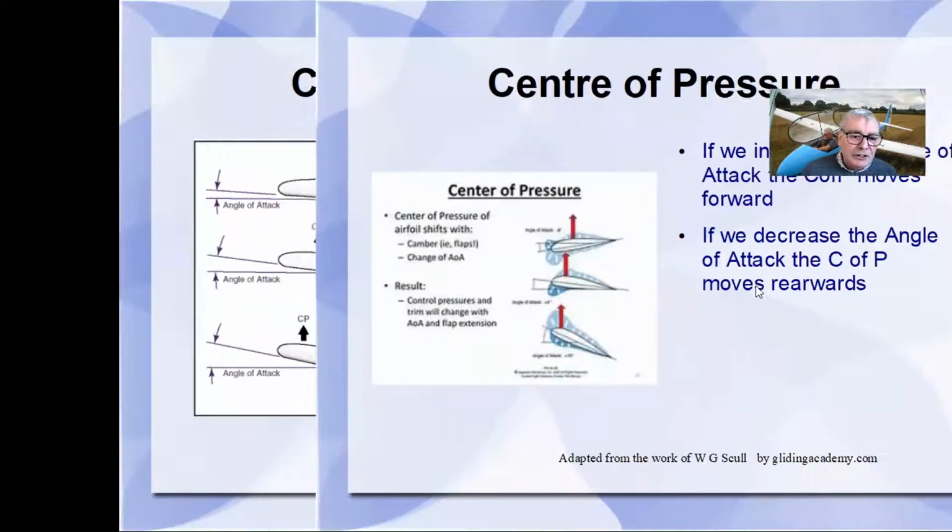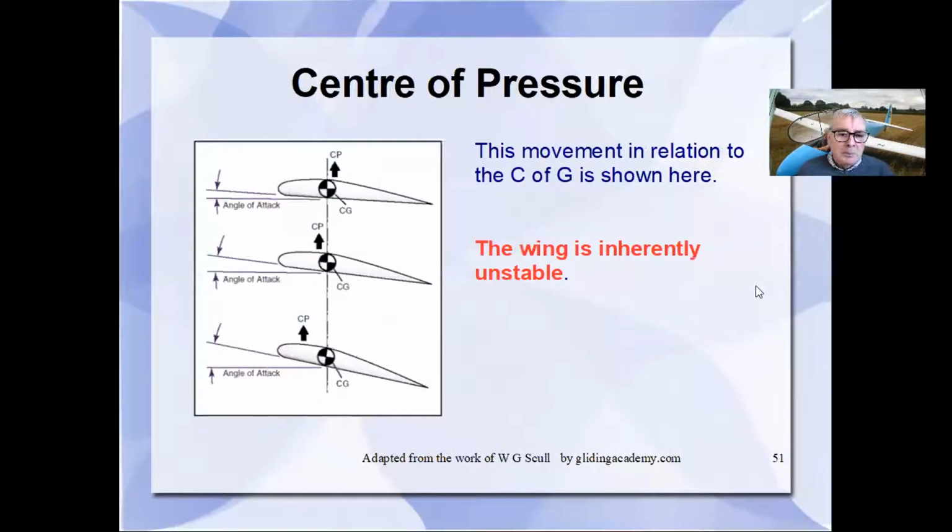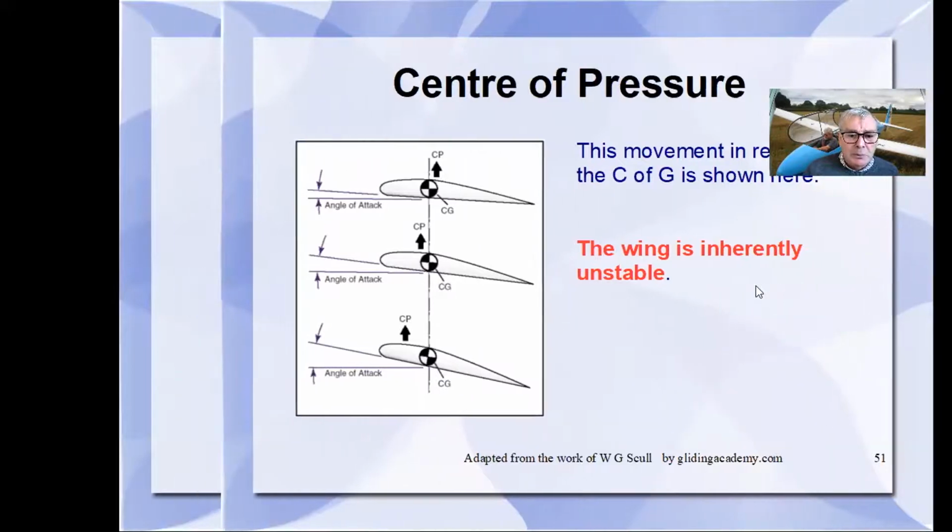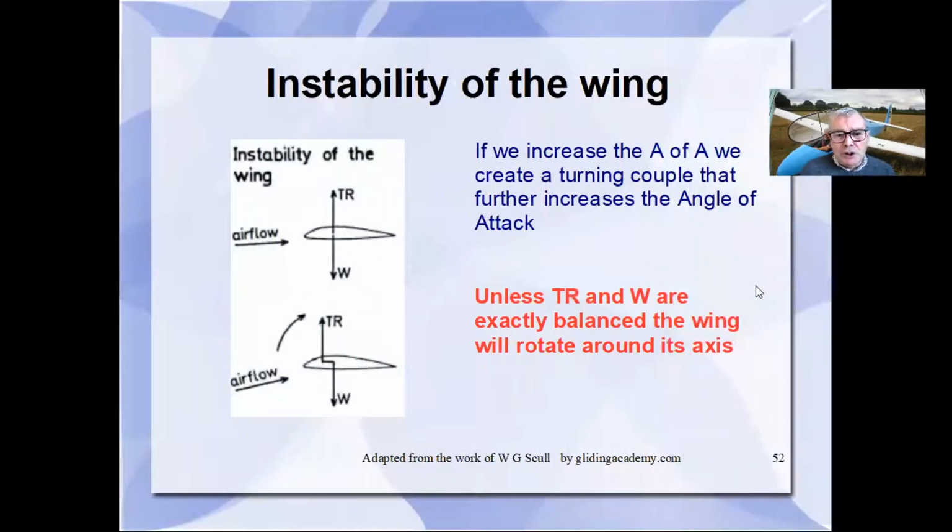And this can give us a problem, because if we increase the angle of attack, the nose of the aircraft will tend to pitch up, which will further increase the angle of attack, and the pitch up will continue. And so the wing is inherently unstable, and perhaps better shown on this diagram.